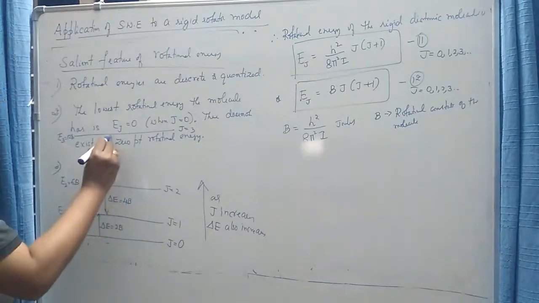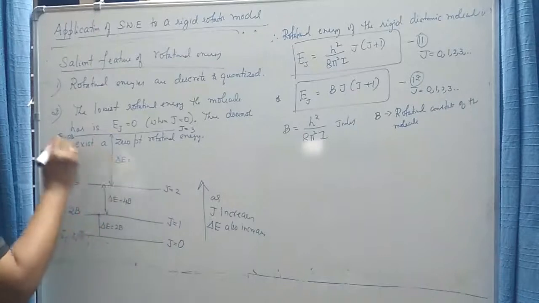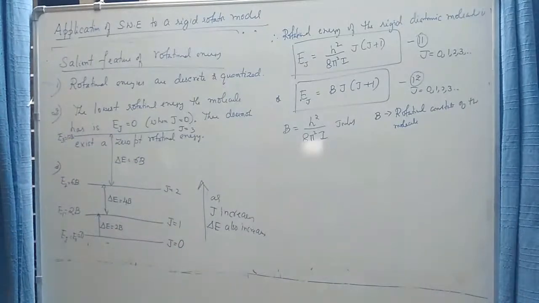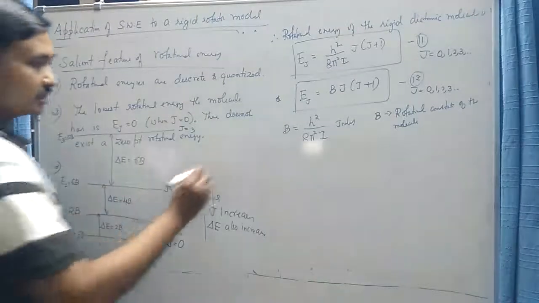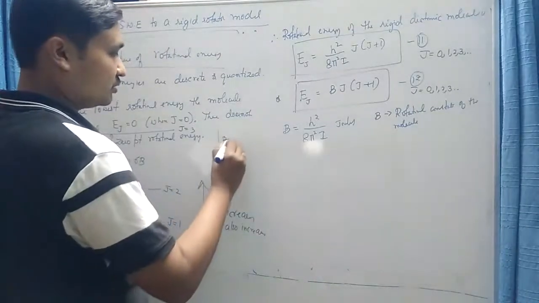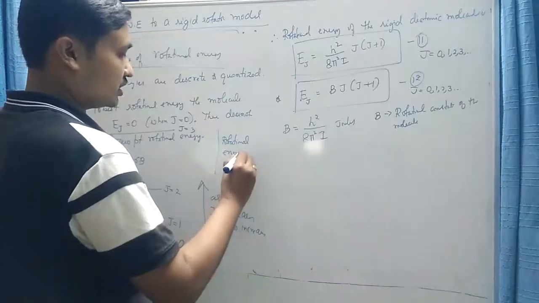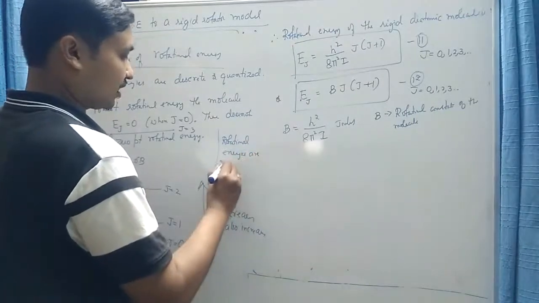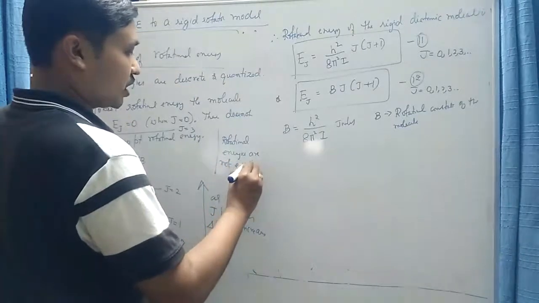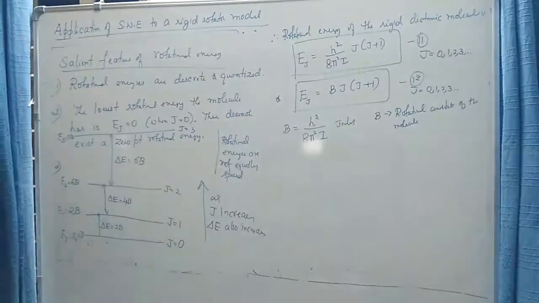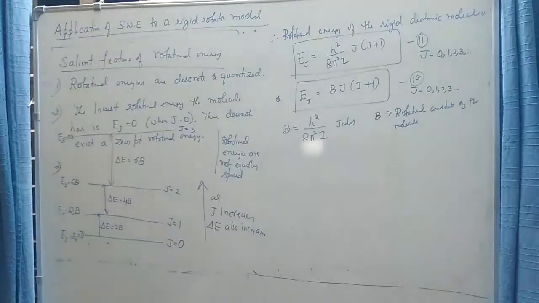Here the spacing or the energy gap delta E is 12B minus 6B, which is equal to 6B. So as the J value increases, the energy gap also increases. What does it mean? It means that rotational energies are not equally spaced. So these are some of the important characteristic features of the rotational energy of a rigid rotator.